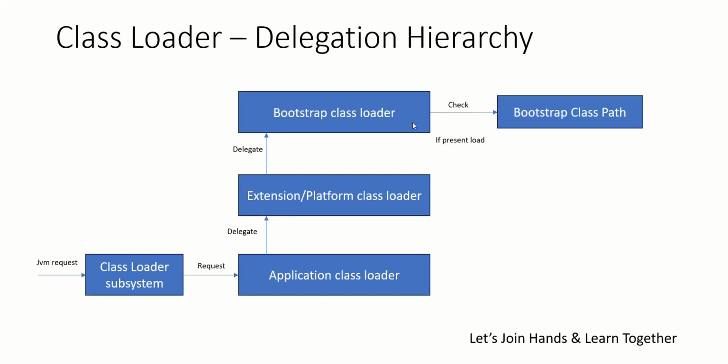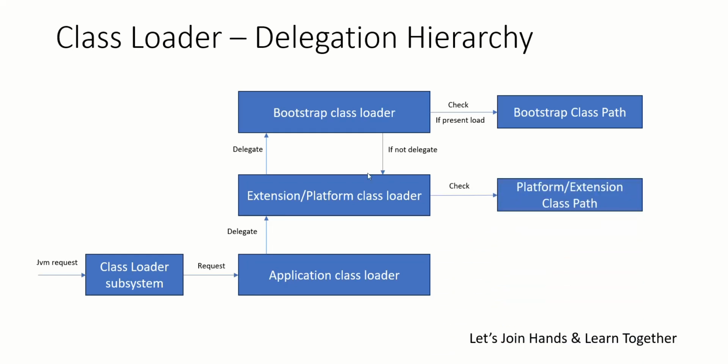If it is not present, then it will delegate the request to the extension class loader. Now the extension class loader will check in the extension class path. Since it is present, it will load the class, and that will be visible to the application class loader, but it won't be visible to the bootstrap class loader. The loaded class will be visible to the child, not to the parent.